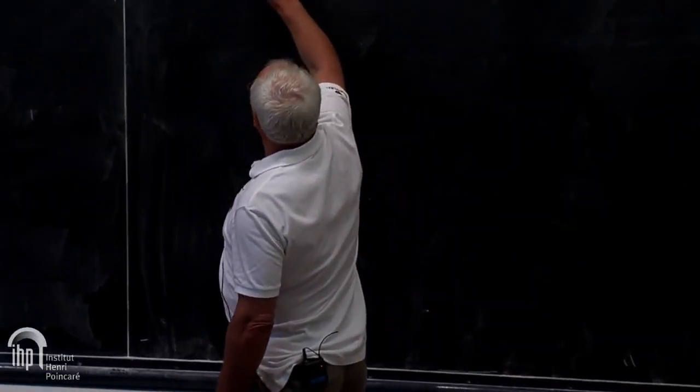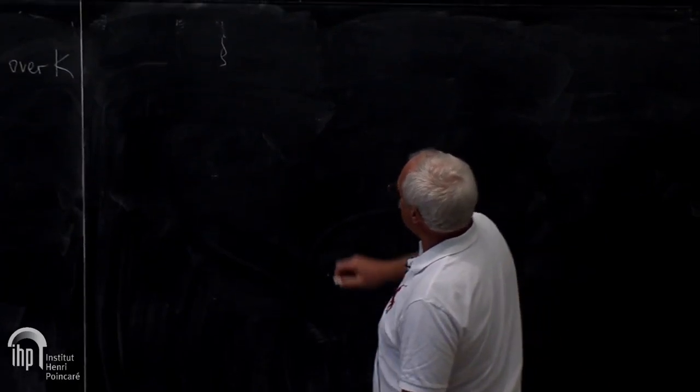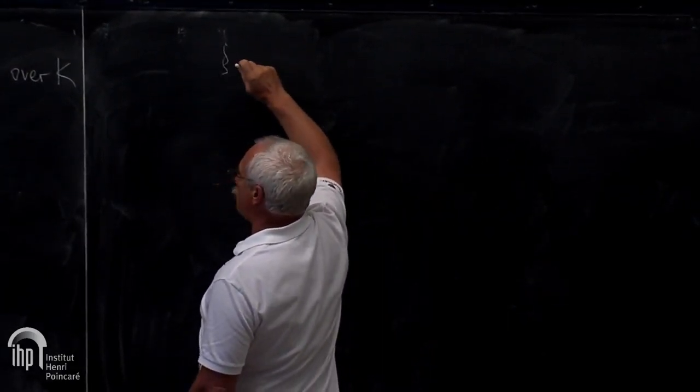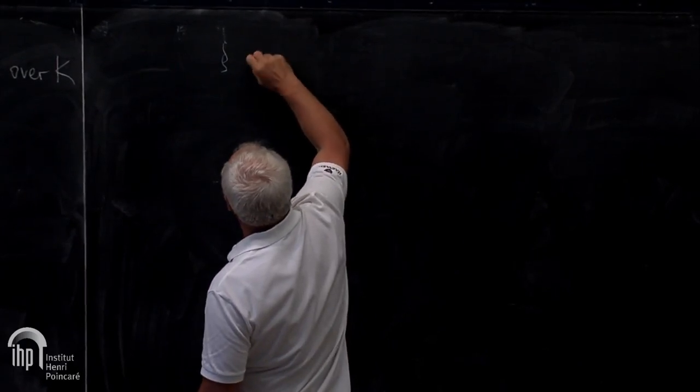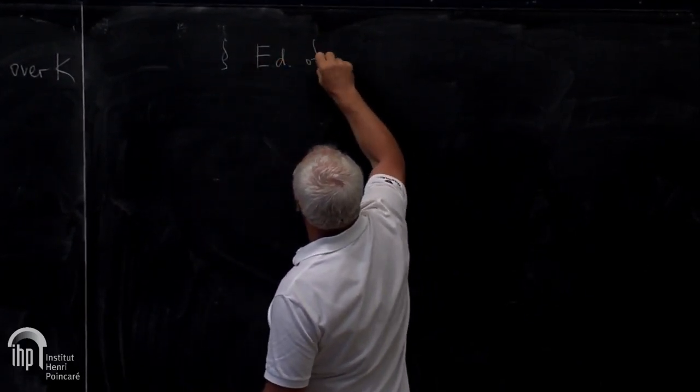Okay, so the first class of interesting functors arises from torsors over algebraic groups. So, the essential dimension of algebraic groups.